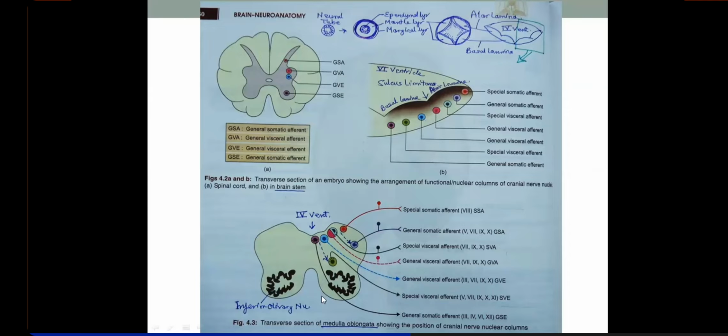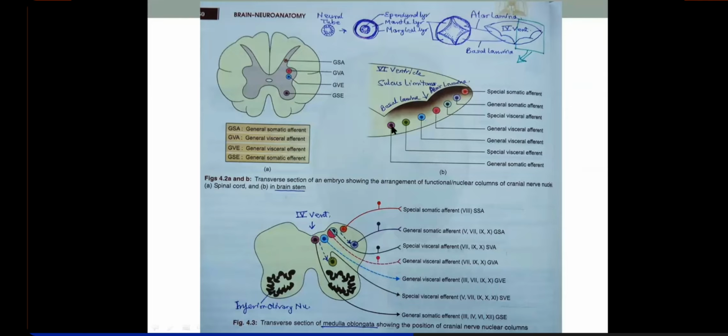But as you reach towards the upper medulla, the cavity recedes, it becomes narrow, and ultimately at the lower medulla, it will be a central canal which will continue as the central canal of the spinal cord. So here you are seeing the fourth ventricle overlying the upper medulla.